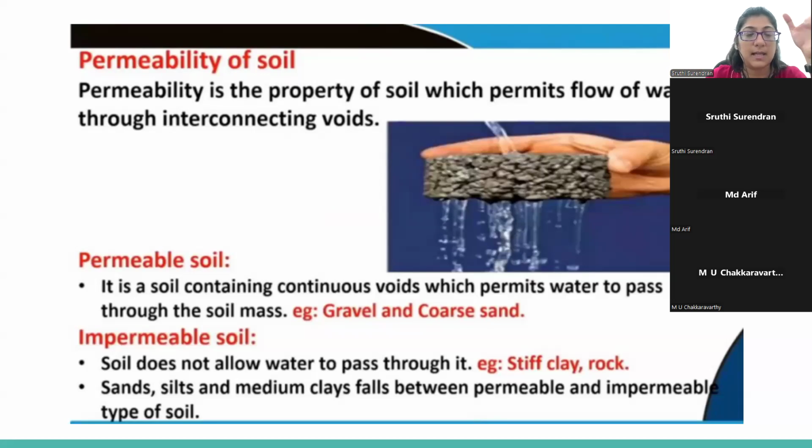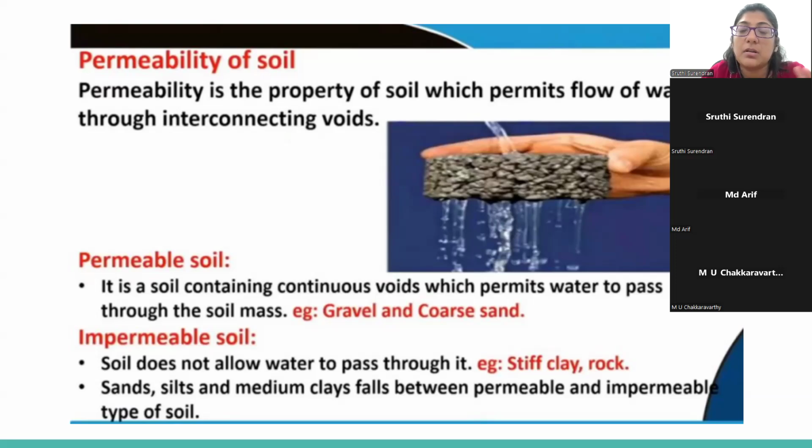Say if it is a material like gravel or sand, there are a lot of pore spaces. Water can easily go through this gravel material. On the contrary, if it is a stiff material like clay, even if you pour water over clay, the time taken by water to seep in through clay particles and move downwards will be much higher than the rate at which it will flow through gravel or sandy soil.